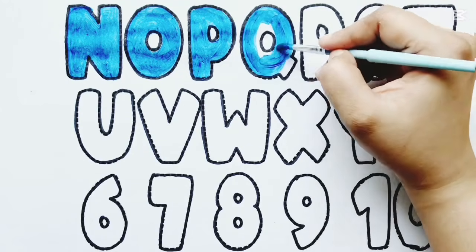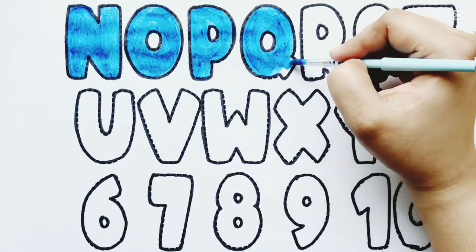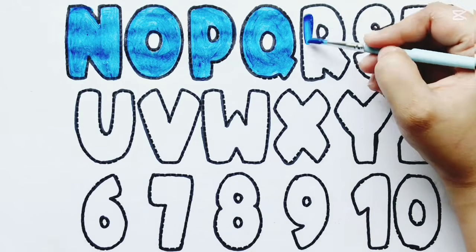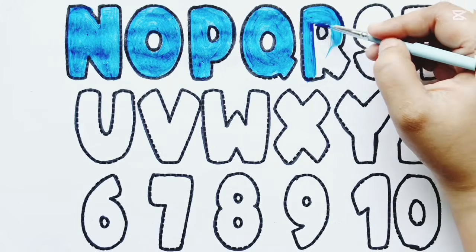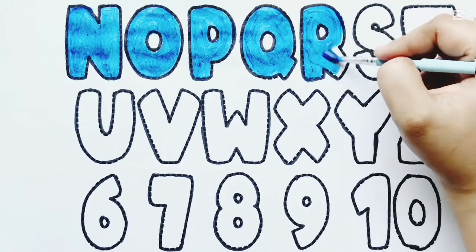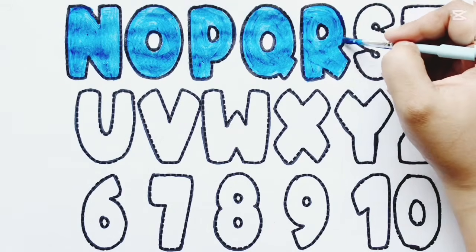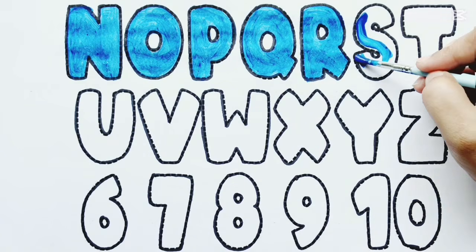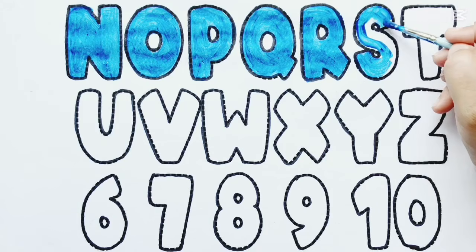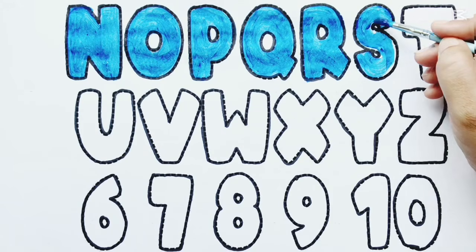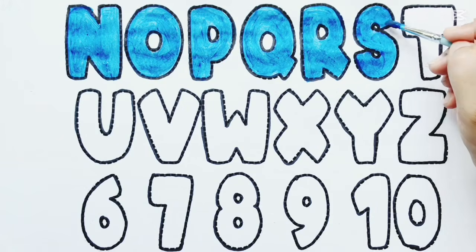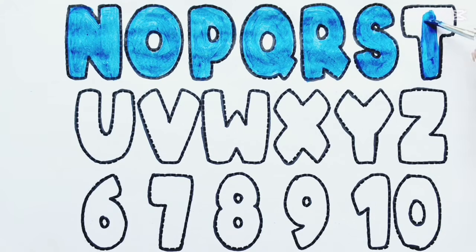Q for coin. R for ring. S for sun. T for tiger.